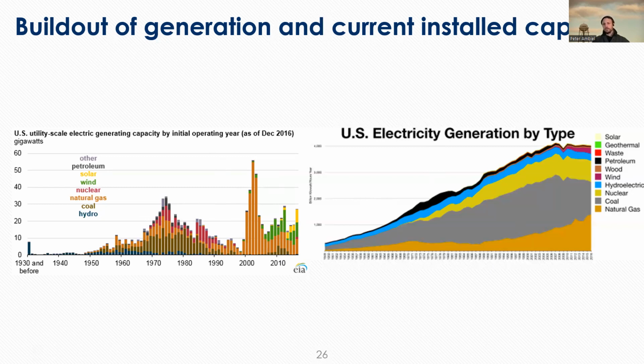Alan, I have a question. Yeah, go ahead. Was all the capacity built between 1970 and 1980 retired when there was the peak in natural gas power plants in the early 2000s? A decent chunk of it was, but not all of it. A fair amount of generation gets retrofit and the lifetime extended.